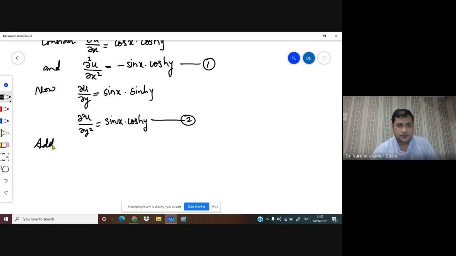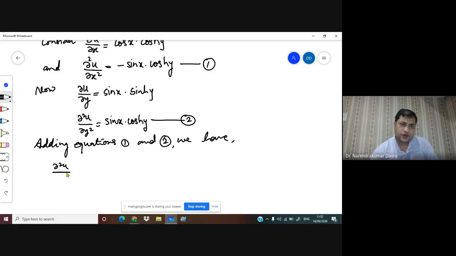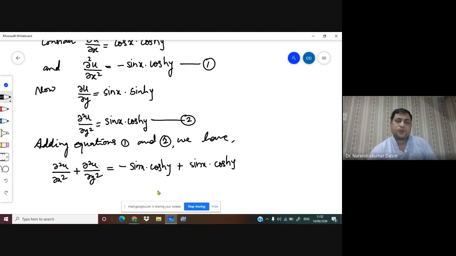Adding equations 1 and 2, we have ∂²u/∂x² plus ∂²u/∂y² equal to minus sin x cos hyperbolic y plus sin x cos hyperbolic y.